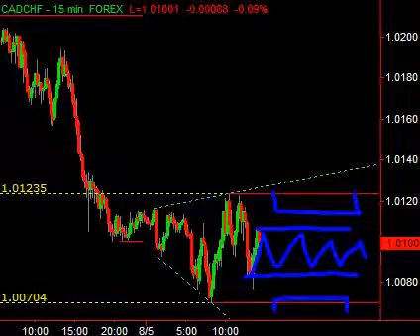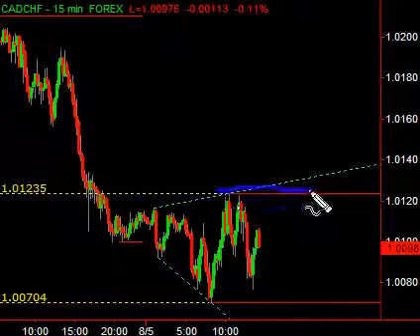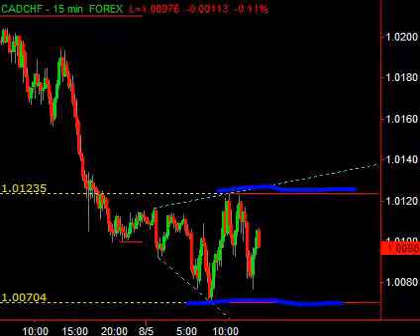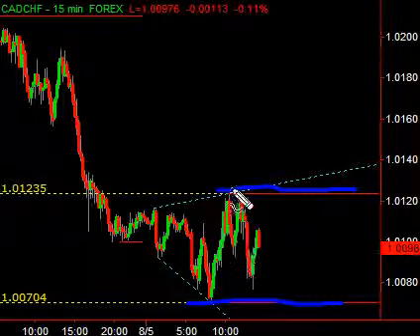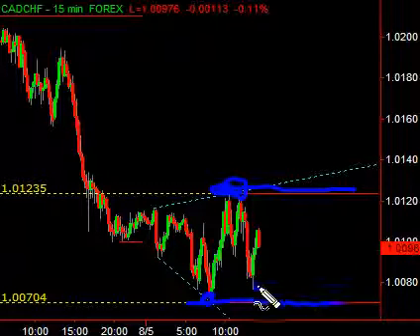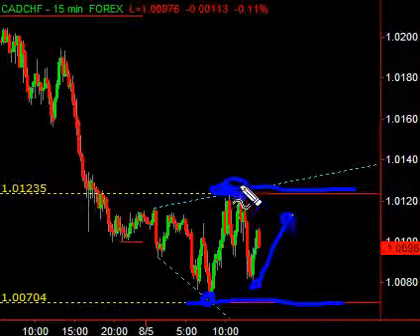Now if that's the case, it will most likely lead to a slightly larger consolidation, and when we come to the 240-minute chart later in the day or tomorrow morning, we will most likely see that as the swing high, that as the swing low, and price will have made a higher low and a lower high within the previous swing high and the previous swing low.